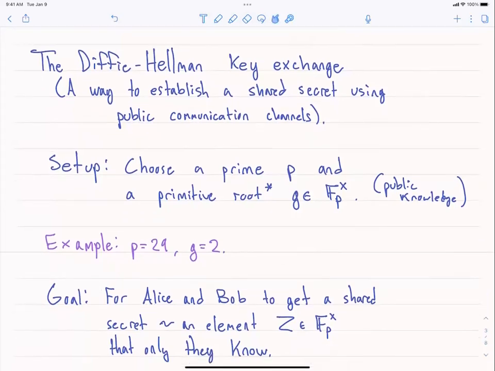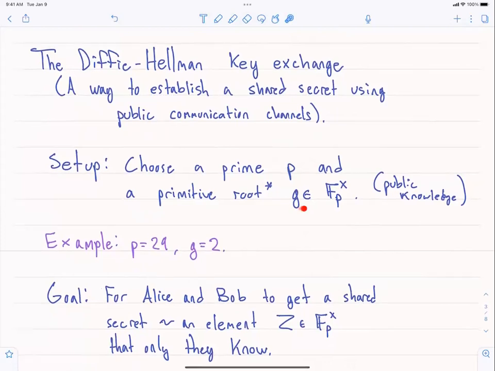There are many different ways to do this. The Diffie-Hellman key exchange is just one way, and it uses modular arithmetic. Okay, so what's the setup? We're going to choose a prime number p. In practice, p will be a very, very big prime number, but for the examples, we'll just use small prime numbers. And then we're going to choose an element g in F_p cross, so an element with a multiplicative inverse, or just a non-zero element in F_p or Z mod pZ. And we want that to be a primitive root.